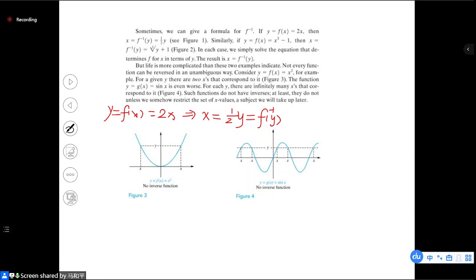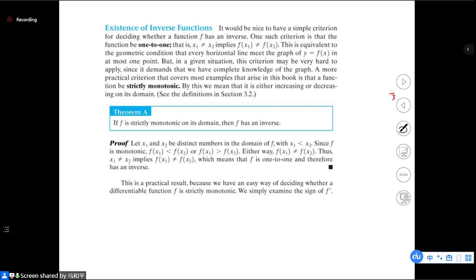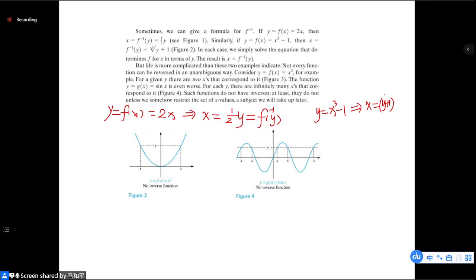Similarly, if y is x cubed minus 1, then from this we can find x is equal to (y + 1) to the power of 1 over 3.